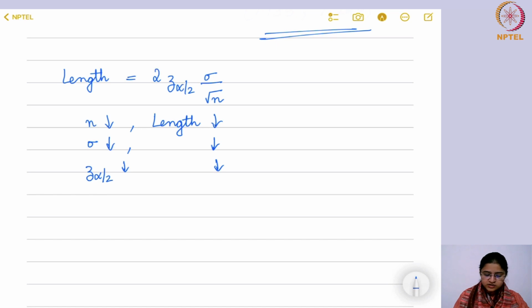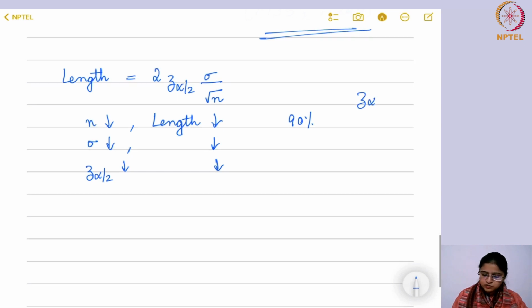So let us see what these common values are. When I have 90% confidence, the value of z alpha by 2 comes out as 1.645. 90% means that 1 minus alpha is 90%, so you can calculate alpha from there, take alpha by 2 and look at the standard normal table.